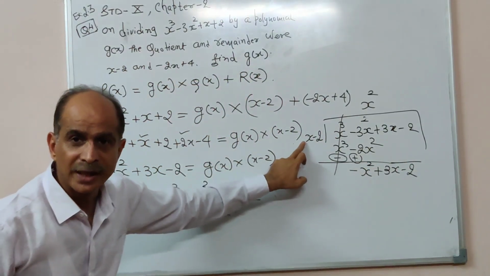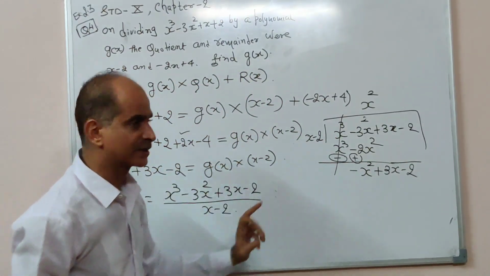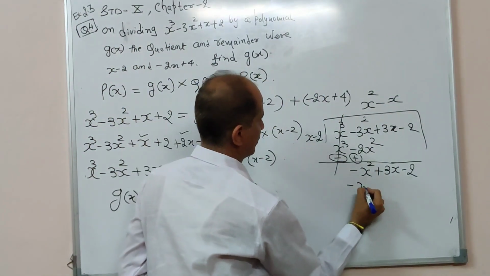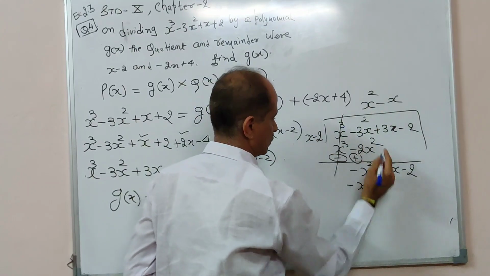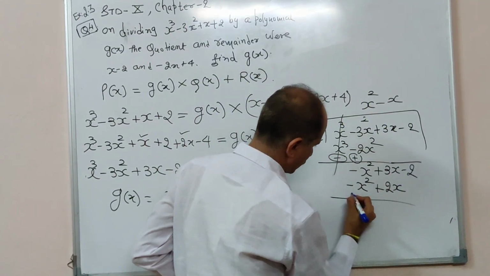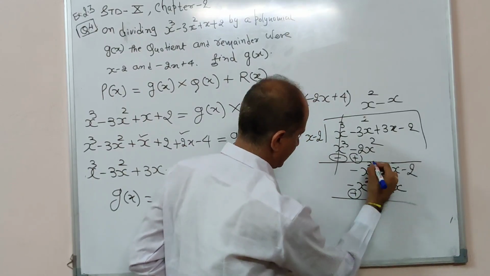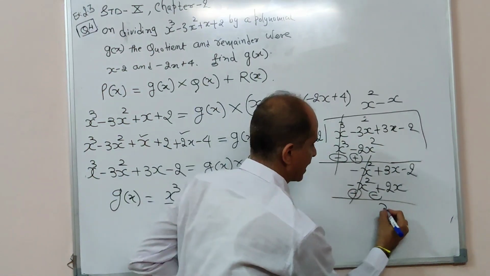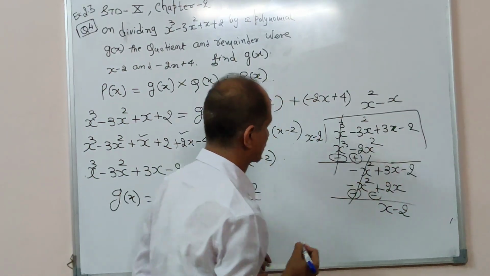Now you need minus x square, so you have to multiply by minus x. So it becomes minus x square plus 2x. Now change the signs, and these two cancel out. Now 3x minus 2x means you get x, and here it is minus 2.